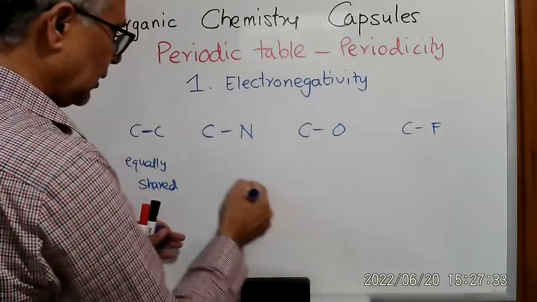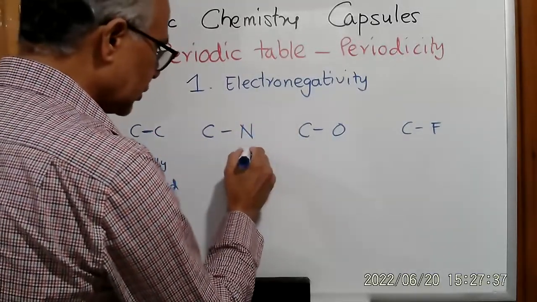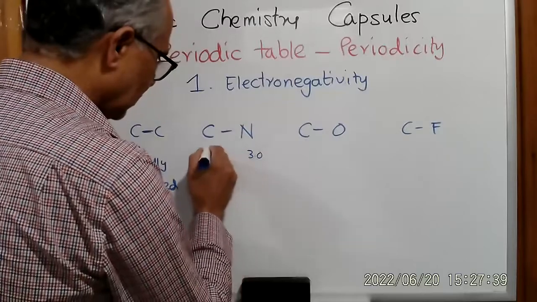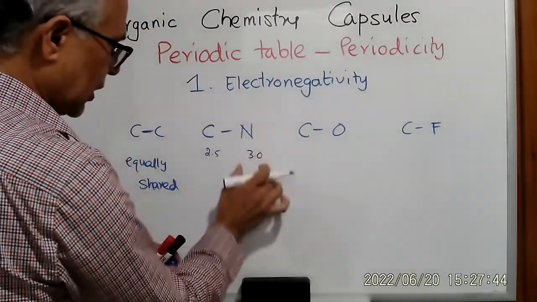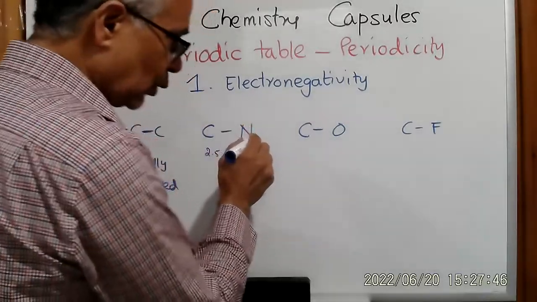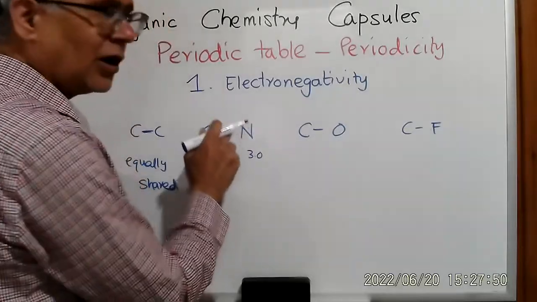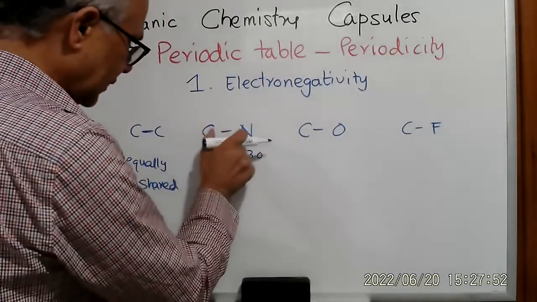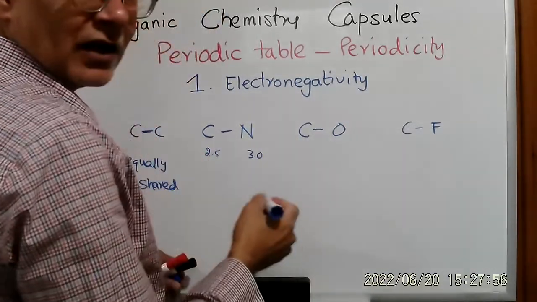From the table, carbon is 2.5 and the electronegativity of nitrogen is 3, maybe I'm off a bit. So nitrogen is more electronegative, so these two electrons are not equally shared between carbon and nitrogen. Nitrogen will get a bit more electrons.